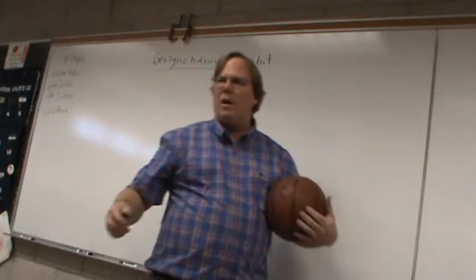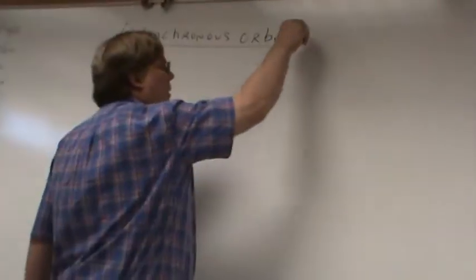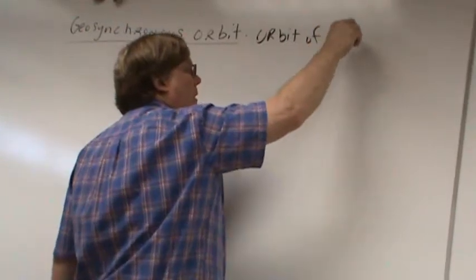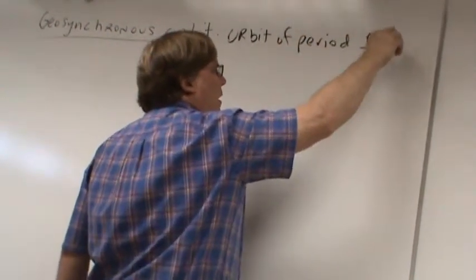And so let's talk about geosynchronous orbit. Let's see how we get it. Geosynchronous orbit: orbit of period 1 day.